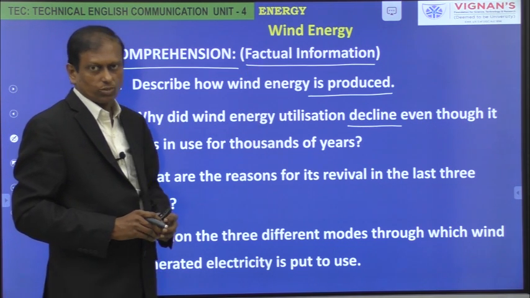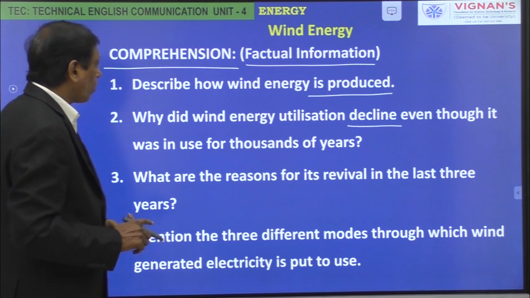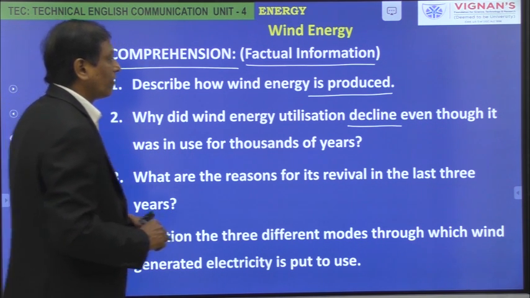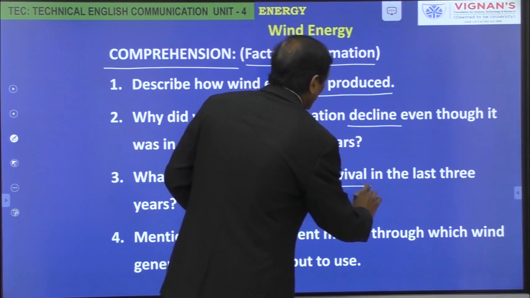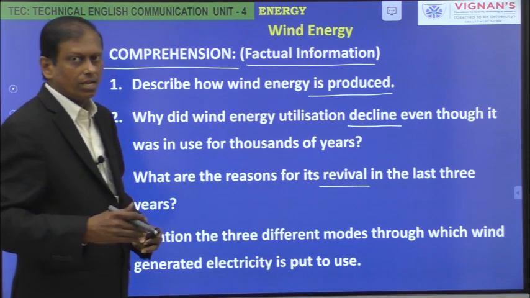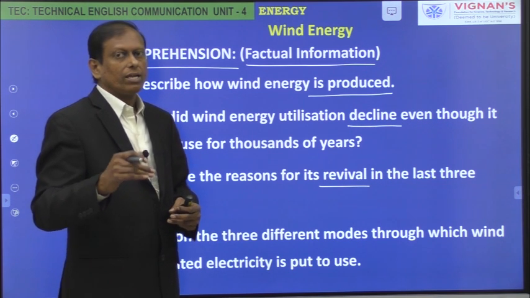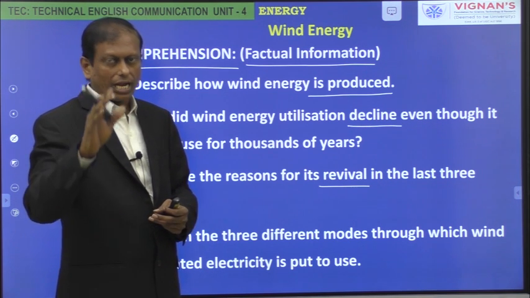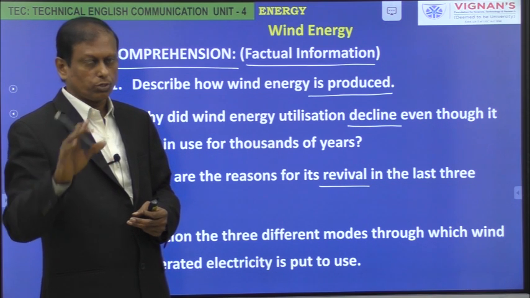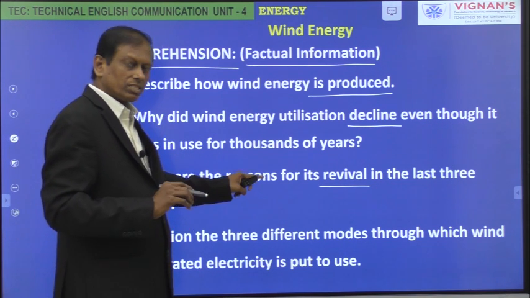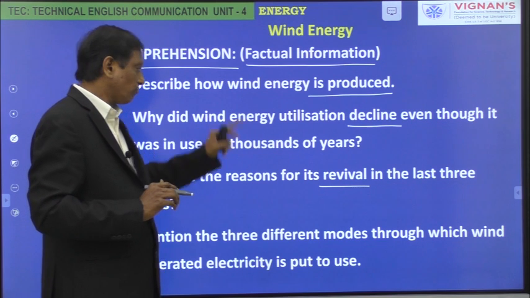This is only factual information. Next, what are the reasons for its revival in the last 3? This is also a factual question. You can find it. I should not answer. Better if I answer, you follow me. But if you read, you will have your own ideas, your own creativity in producing your ideas. This answer is also available in the passage. Find it out.